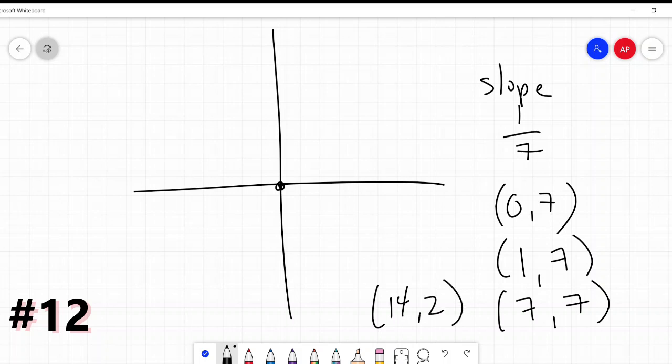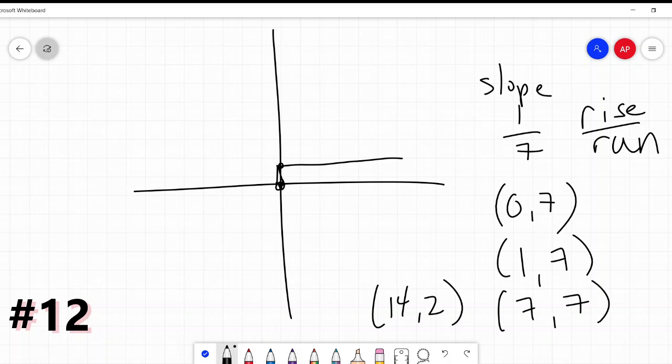So when you have slope 1/7, this is rise over run. It's how much it goes up or down, that's the rise, over how much it goes left to right, that's the run. So this one rises 1 and then runs 7.